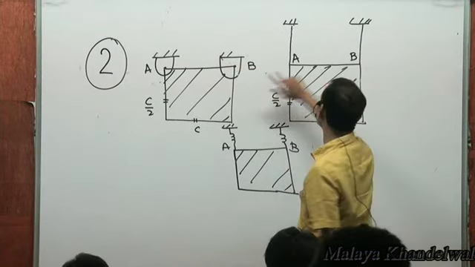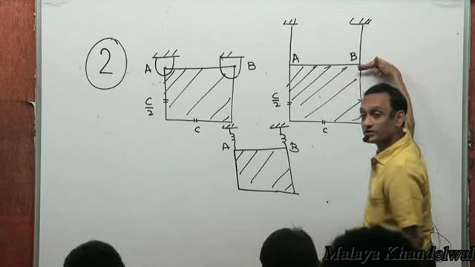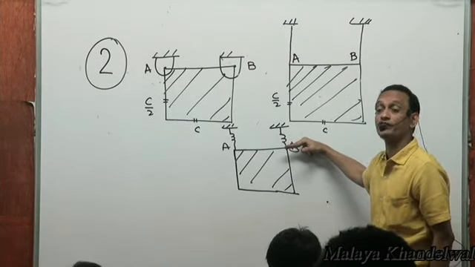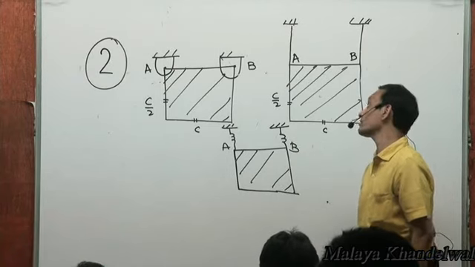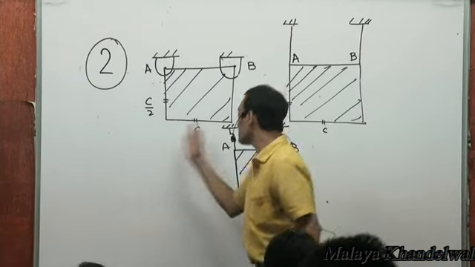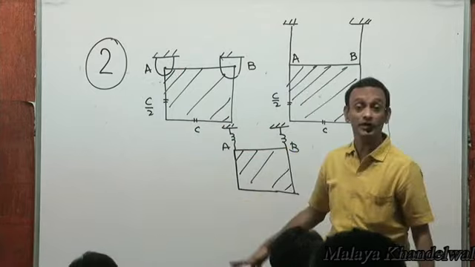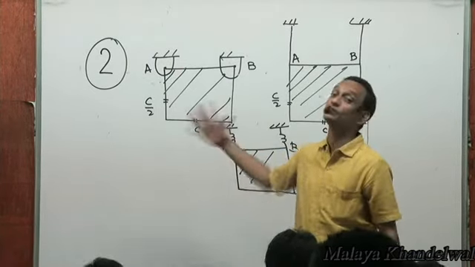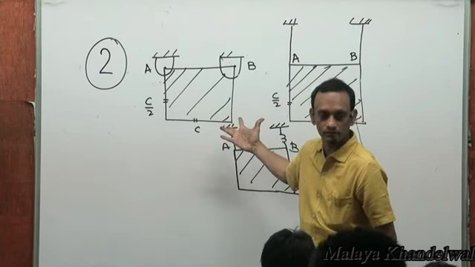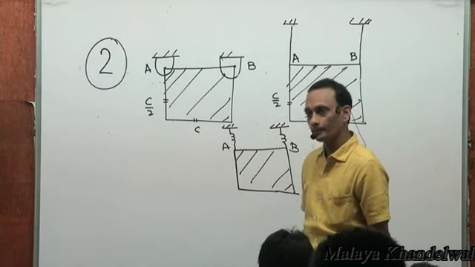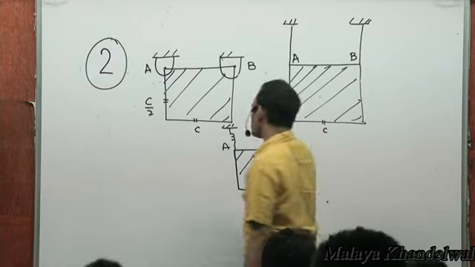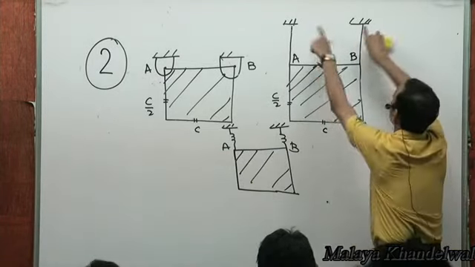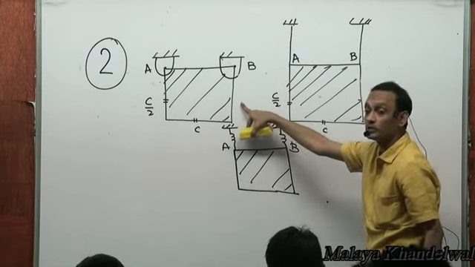The pin here is released. This wire is snapped here. This spring is snapped here. I want to be able to find the angular acceleration of the lamina, not a square, a rectangular lamina. I want to be able to find the angular acceleration right after release in each of the 3 cases. Right? Okay. Now, can I remove the clutter from here and just deal with this?